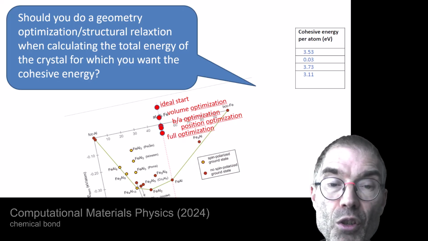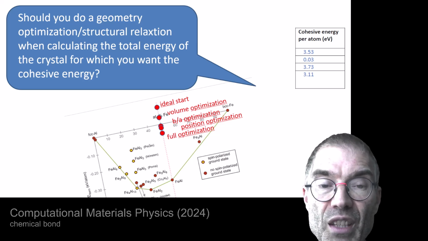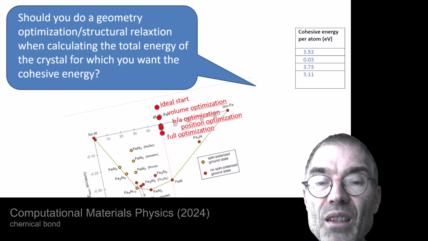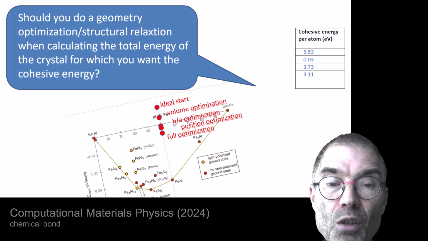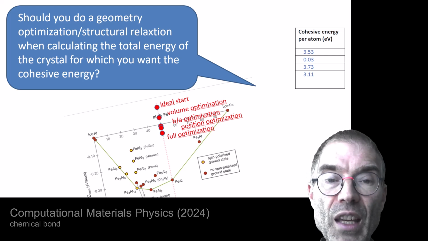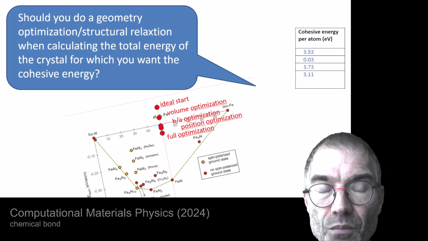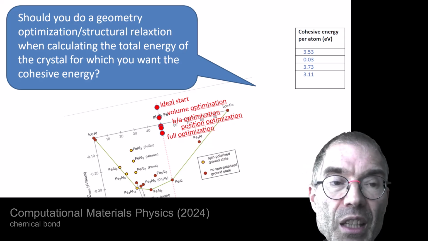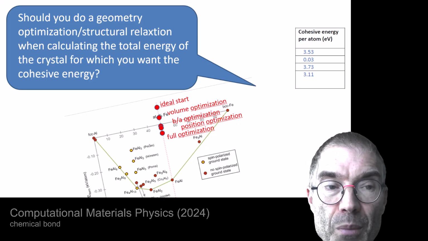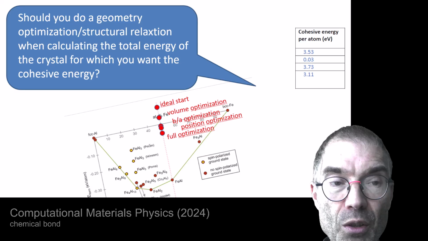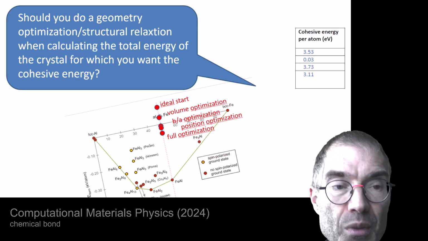So therefore, for a pure DFT prediction where you try to take into account as little experimental information as possible, you should start from the lowest energy structure that you can achieve, so that means the geometry optimized structure. If you do not geometry optimize, then your cohesive energies will be a little too small, because you can still lower the energy by geometry optimizing.